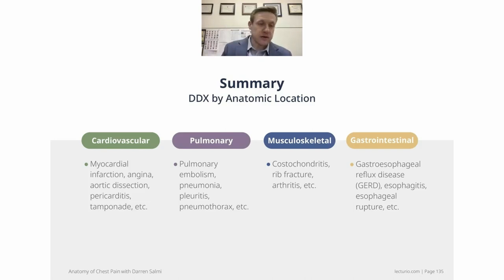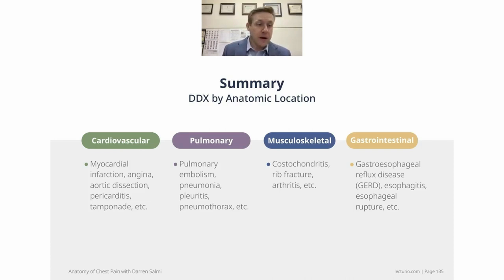So in summary, because we're running low on time here, we're going to always keep in mind all of the anatomy and basically break up our differential at first by anatomic location. And again, as you get further into these conditions, you're going to start sorting them by the seriousness of the conditions.